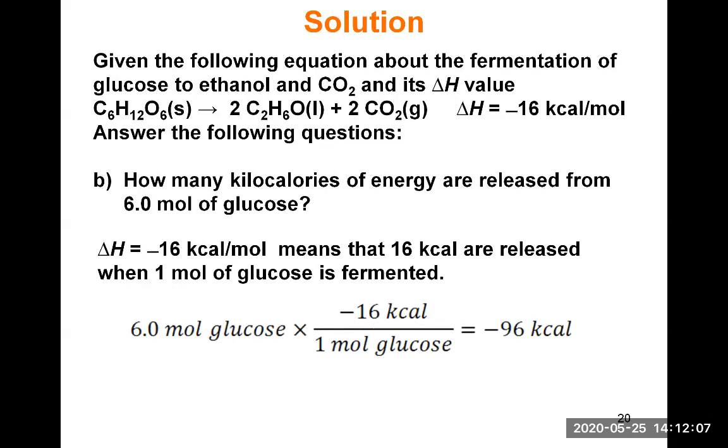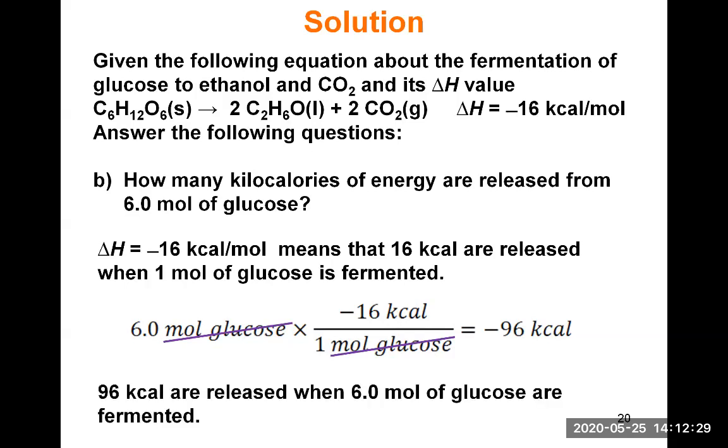And so by writing it this way, we see that the moles of glucose cancel and that you are multiplying 6 by 16 and you get negative 96 kilocalories, because the negative sign here reminds us that this is released to the outside because it's an exothermic reaction. So 96 kilocalories are released when 6 moles of glucose are fermented.